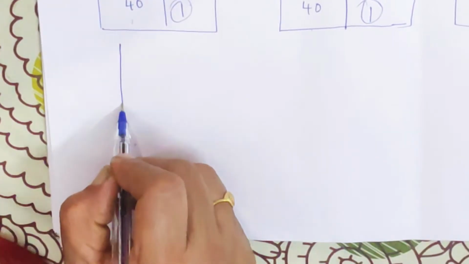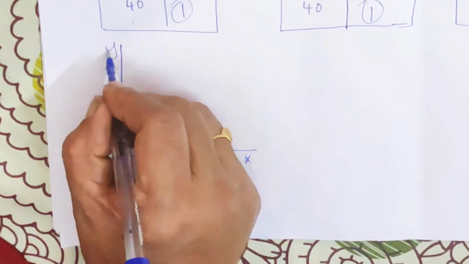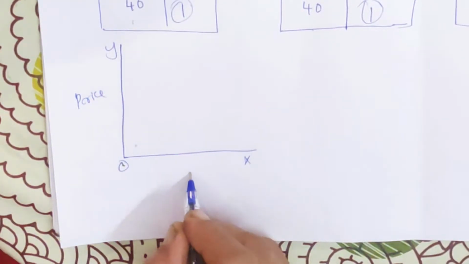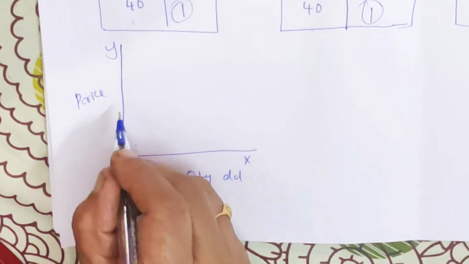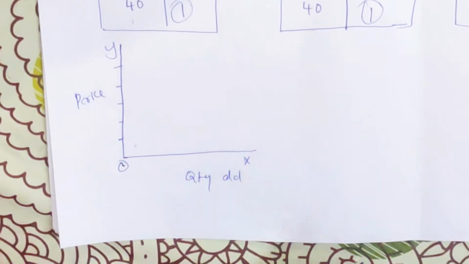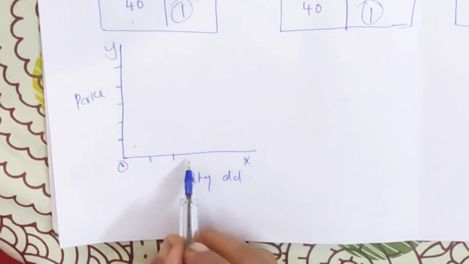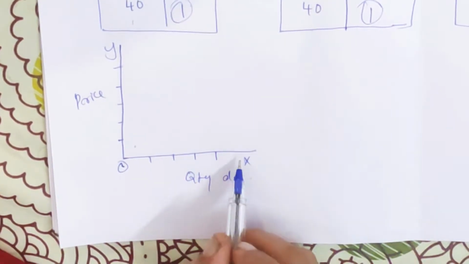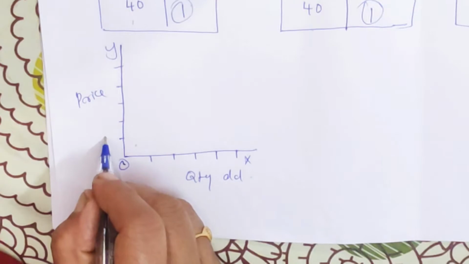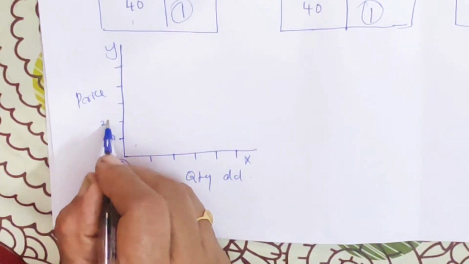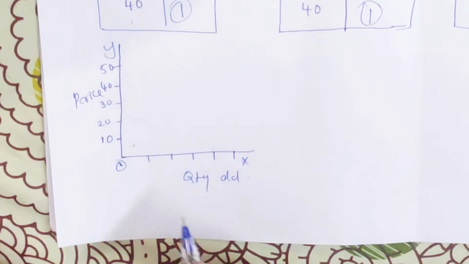First we can draw the demand curve of consumer A. At the OX axis we measure quantity demanded, and at the OY axis we measure price. When price is 10, 20, 30, 40, 50.